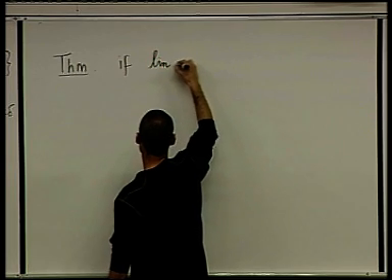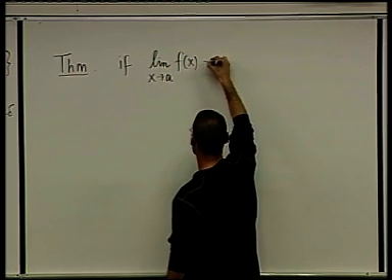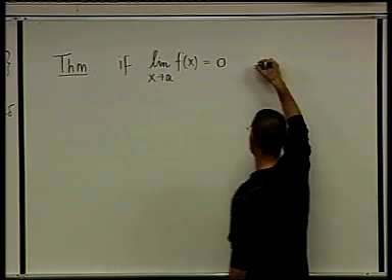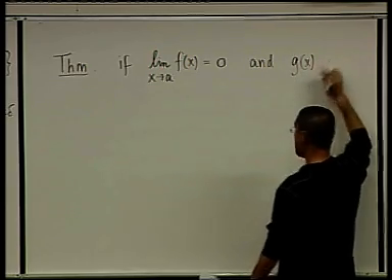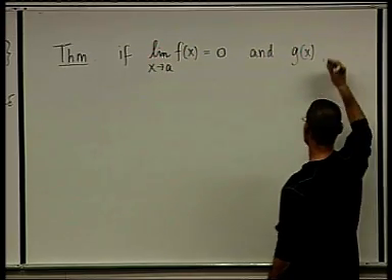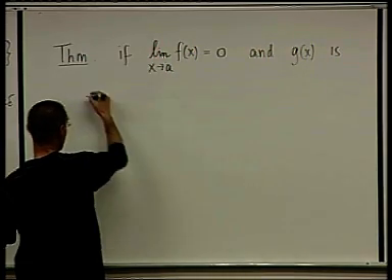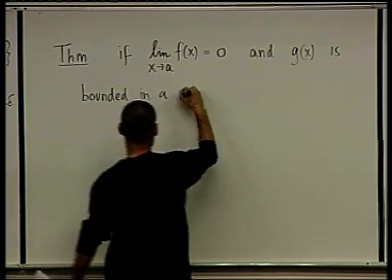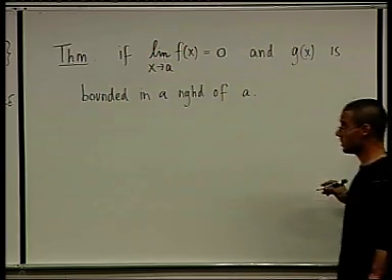f is a function that satisfies that the limit as x goes to a of f of x is 0, and g is another function which I don't know anything about its limit. The limit may even not exist, but it satisfies that it's a bounded function, and g of x is bounded in a neighborhood of A. So I'm taking two functions.